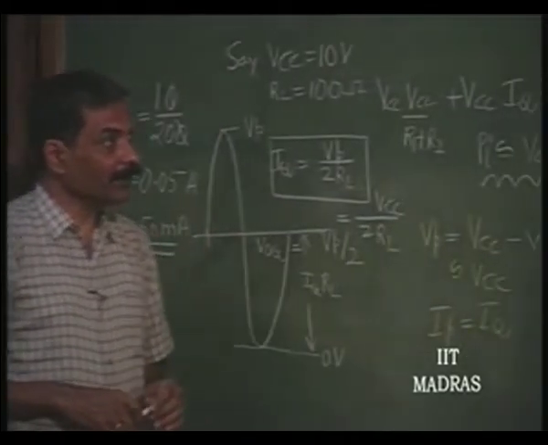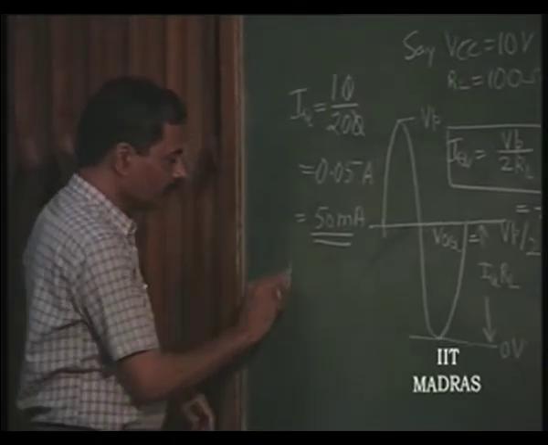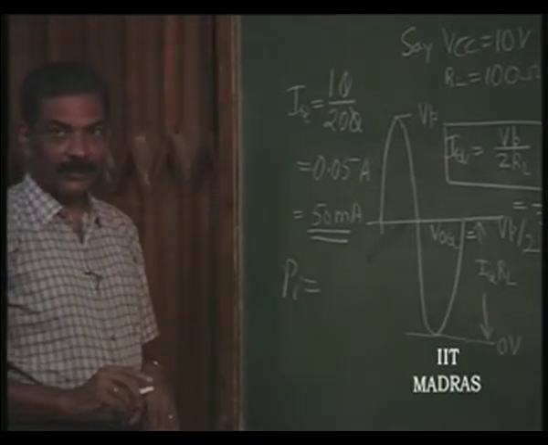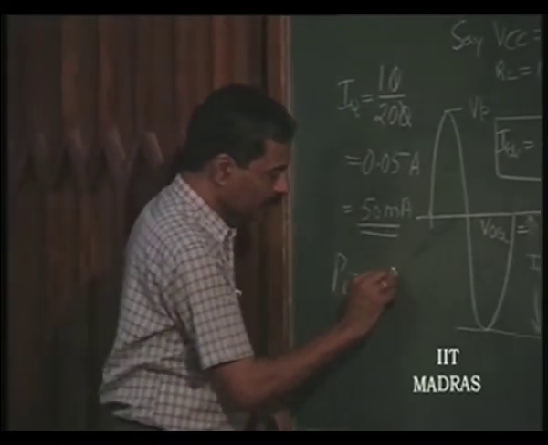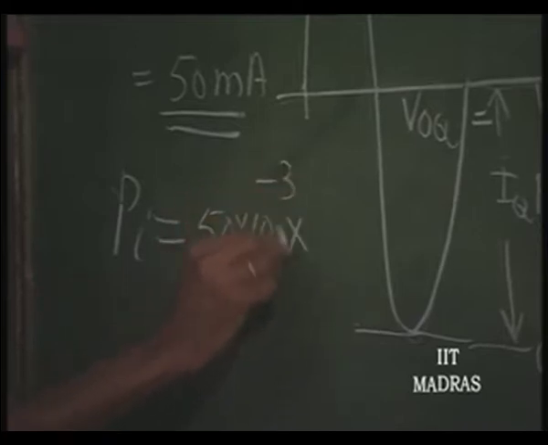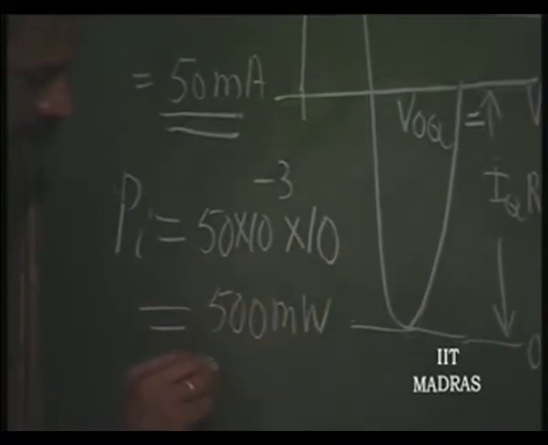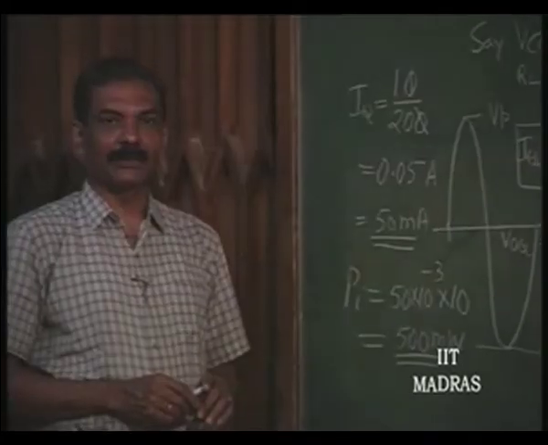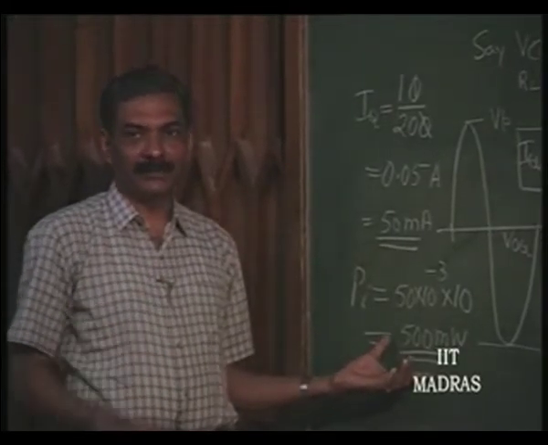So, if 50 milliamperes is the current, then what is the power input? Power input is going to be 50 milliamperes, okay, into 10 volts. So, that is going to be 500 milliwatts or 0.5 watts. This 0.5 watt of power is continuously wasted.